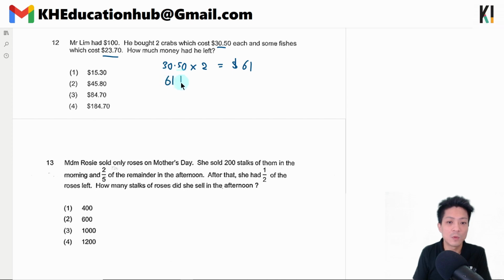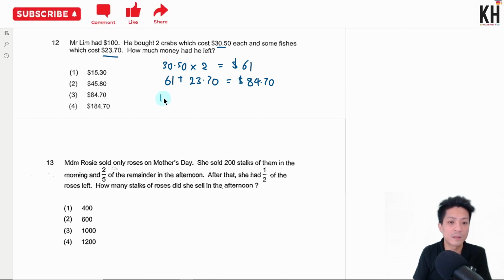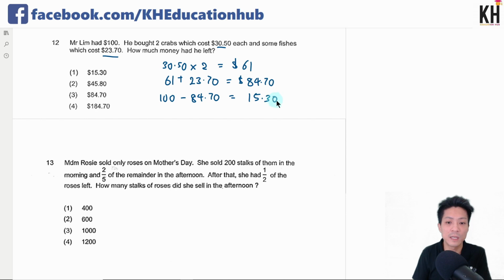Then $61 plus the $23.70 will give me $84.70. The last step will be to use 100 minus 84.70, which will give me $15.30. So the answer is number 1.